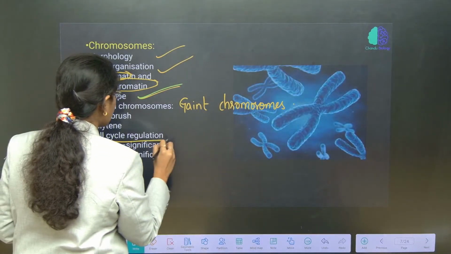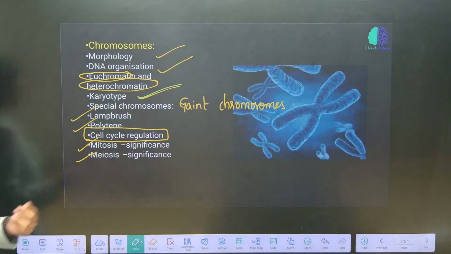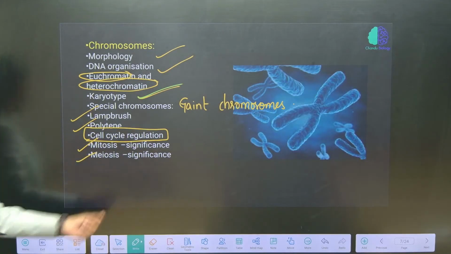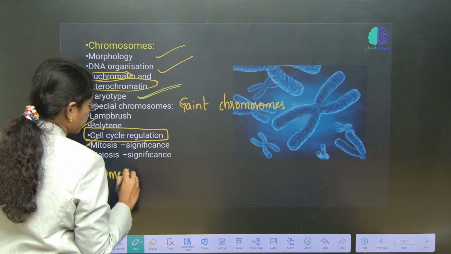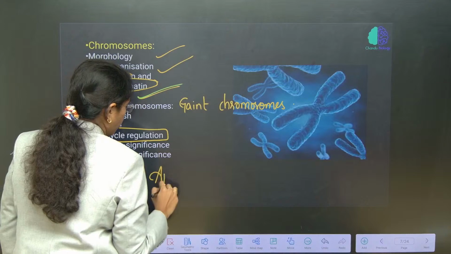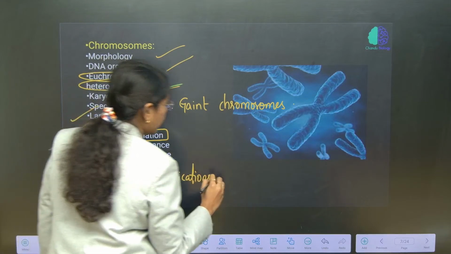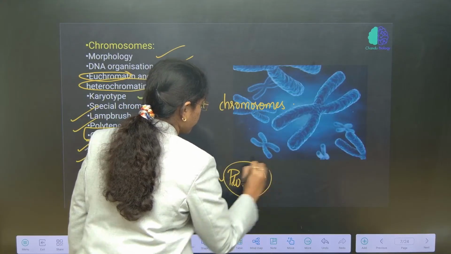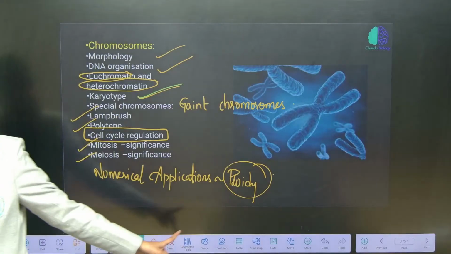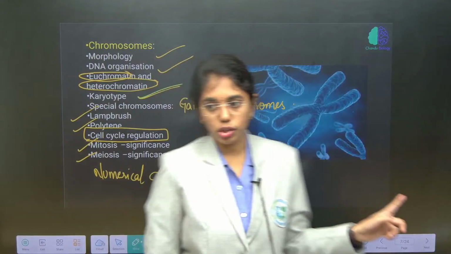Next is cell cycle regulation. Cell cycle regulation includes mitosis and meiosis, followed by their significance. Here please look into the numerical applications as well, in connection with their ploidy. Highlight microsporogenesis and megasporogenesis, all these from the sexual reproduction of flowering plants.